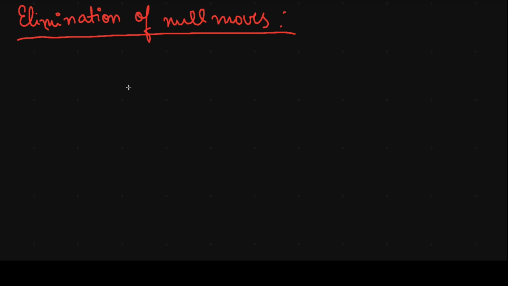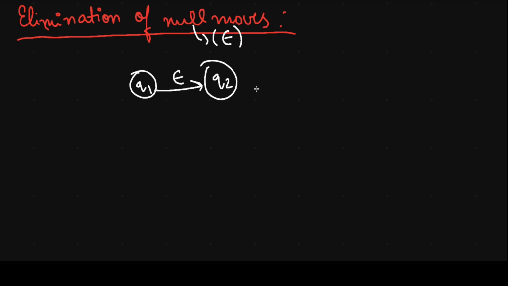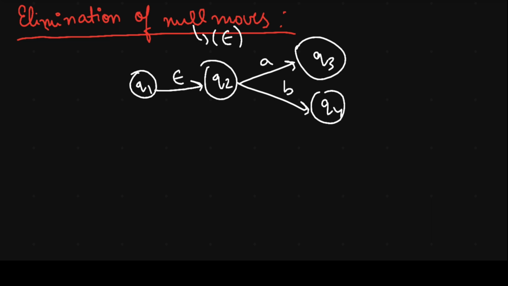Okay, let me show an example. So suppose this is Q1 and on a null move it is going to Q2. This is a null move. We denote it using epsilon. From Q2, on A it is going to Q3 and on B it is going to Q4. Now, can we simply remove this transition?